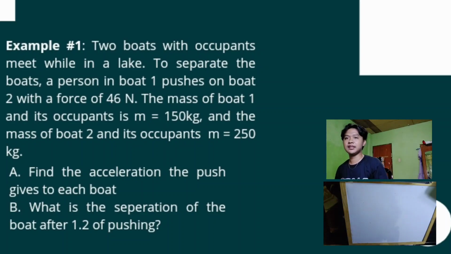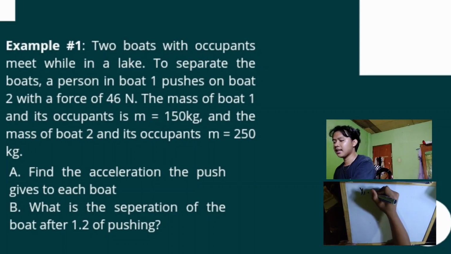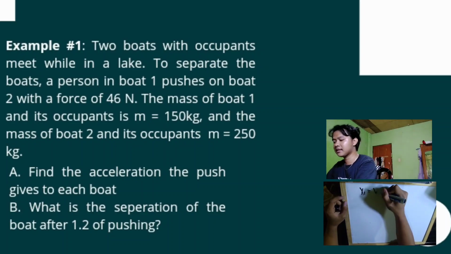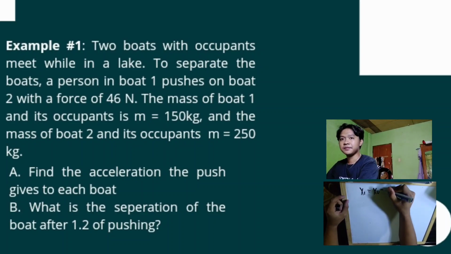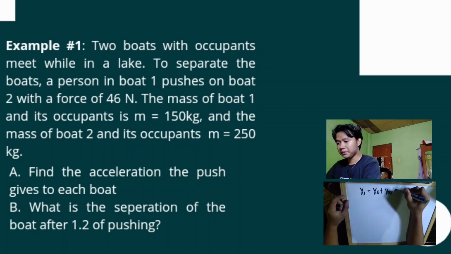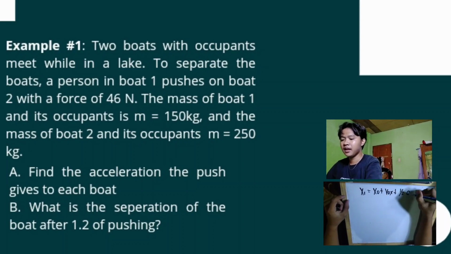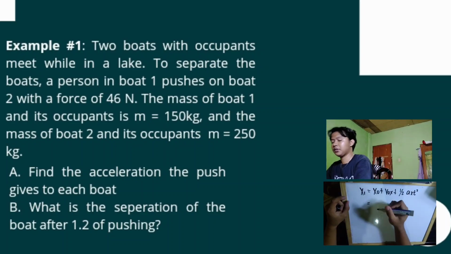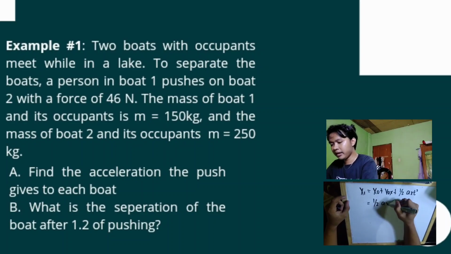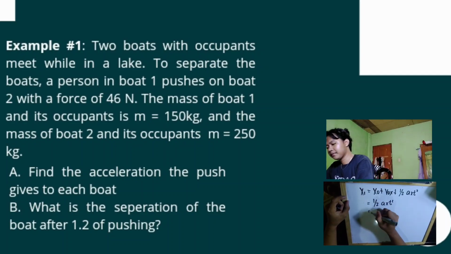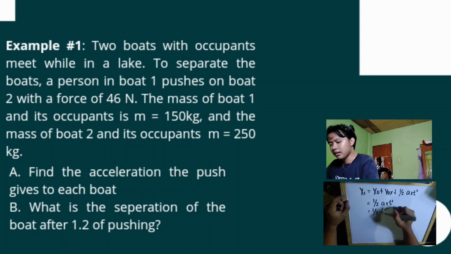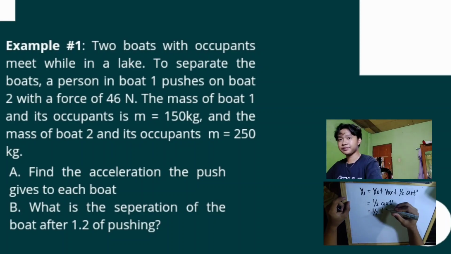Now, nakuha natin yung answer sa x sub 2. So x sub 1 equals x sub o plus v sub o x times time plus 1/2 a multiplied by t squared. So do the math. 1/2 a multiplied sa t squared. Copy. Then substitute the given.